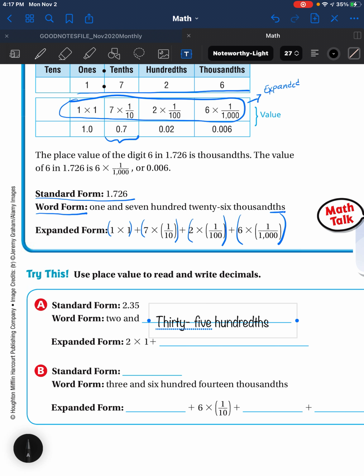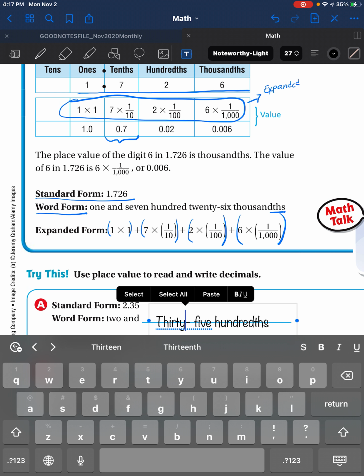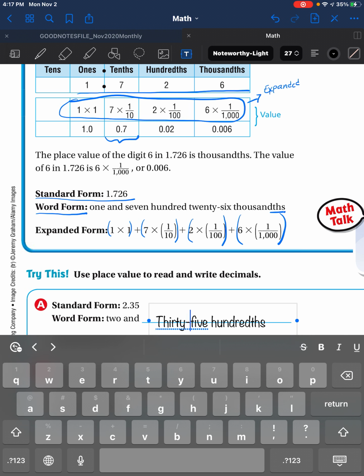See if it worked. There, well, it must have a space there.